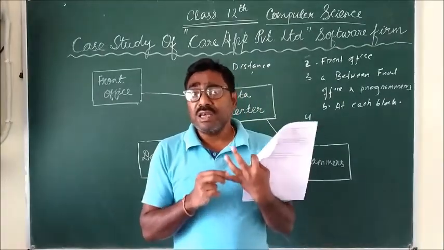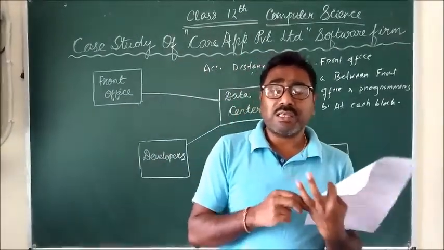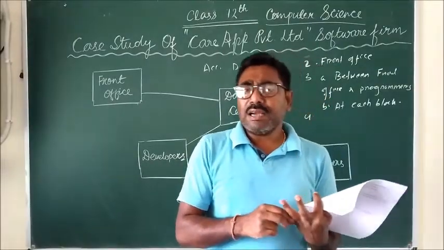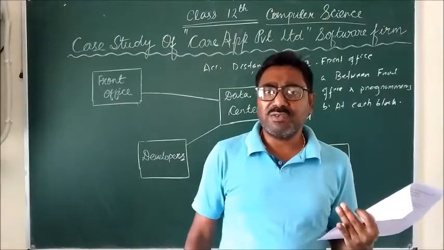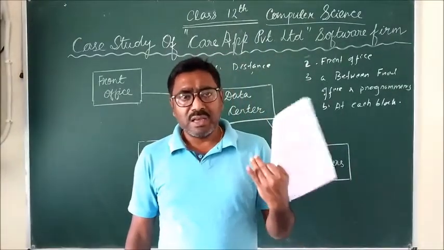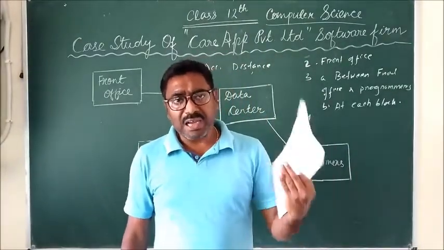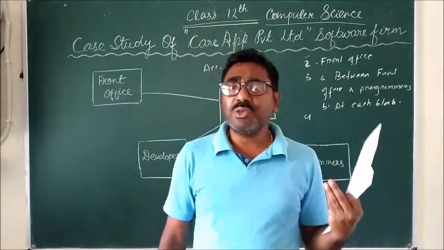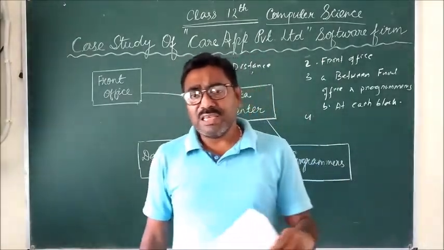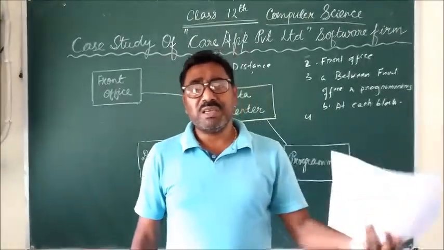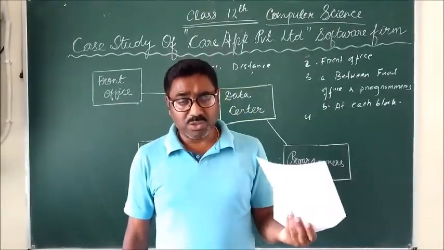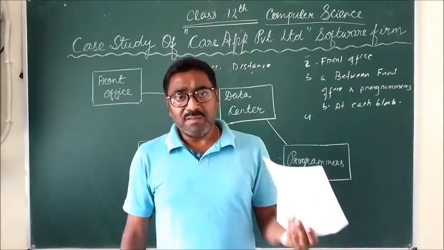I told you the Ethernet cable can be used for 100 meters or 200 meters. If you are connecting within that distance, then we should use the Ethernet cable. If it is up to 1 kilometer, then we should use coaxial cable, and if it is more than 1 kilometer, up to about 50 kilometers, then we should use the optical fiber.